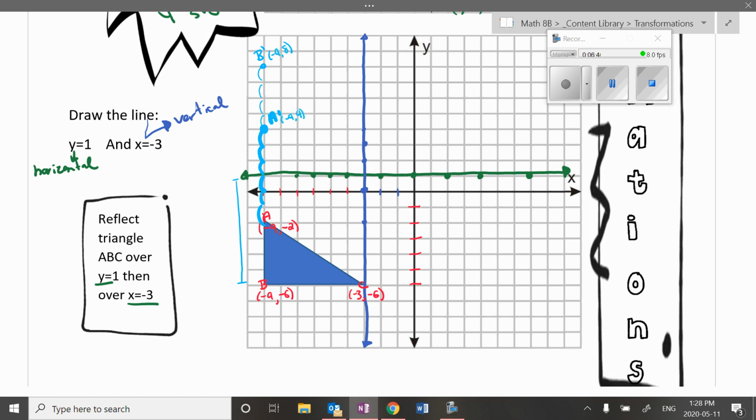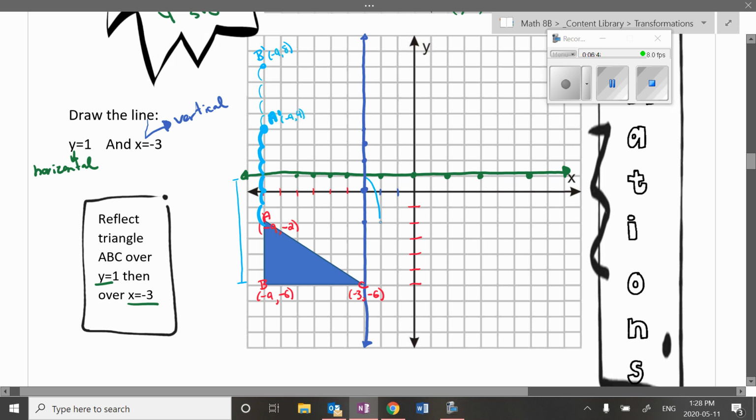It is also currently 7 away from the green line, so we have to go up a jump of 7. That puts us at -3 and 8 because that green line is at +1. So now we get this shape here.